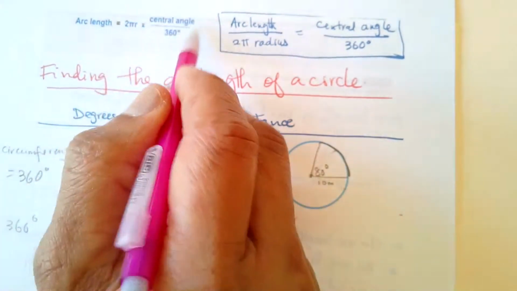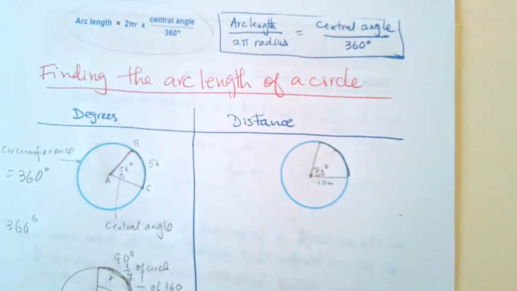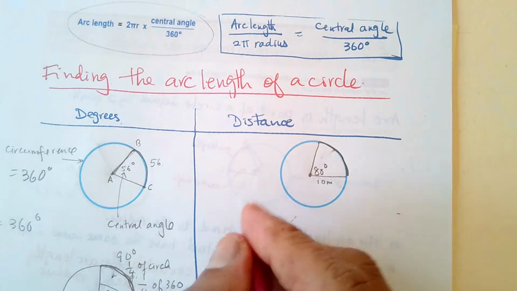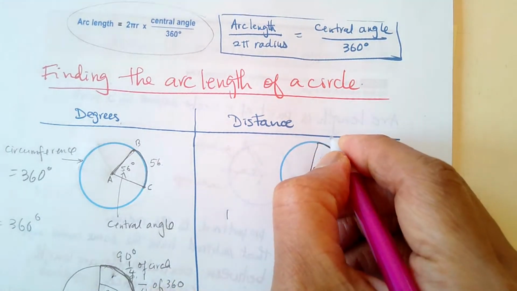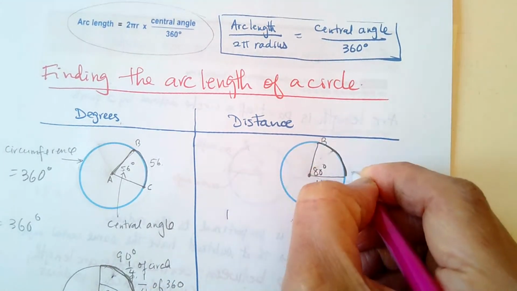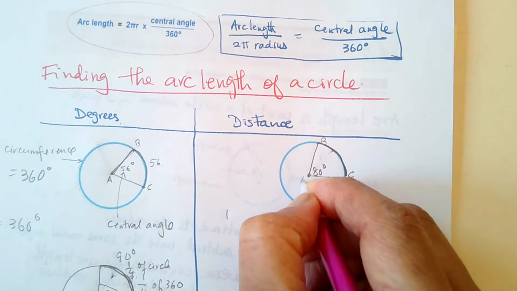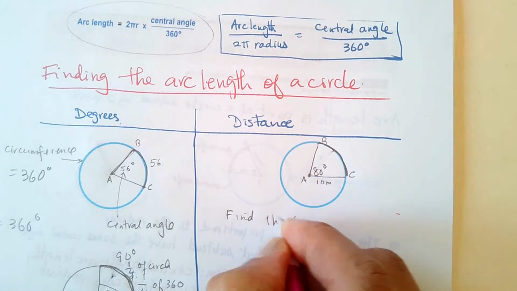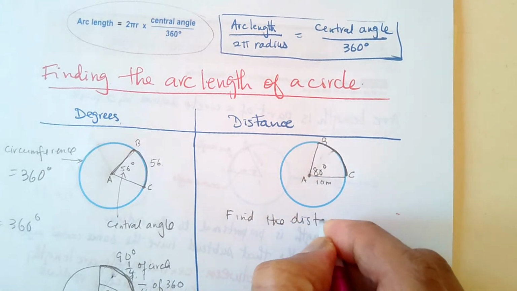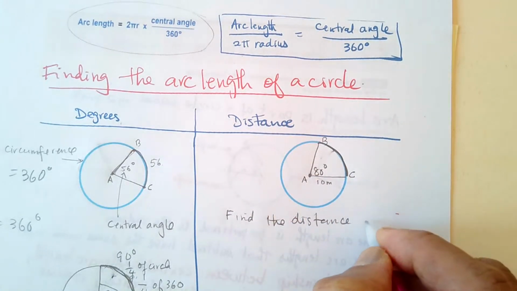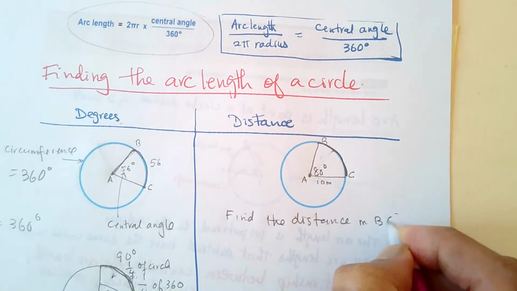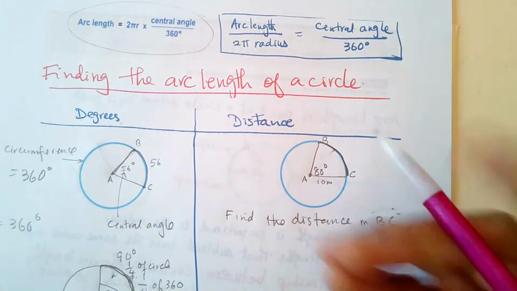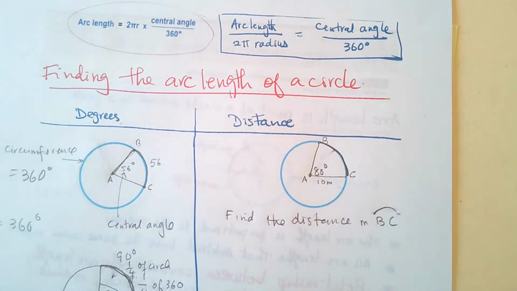So we're going to use this equation here to find arc length. Let's call this B and C here, and this is A. So here's my question: find the distance of the arc, or the measurement of the arc length of BC. Give it a little bit of curve like that, that tells me it's an arc.